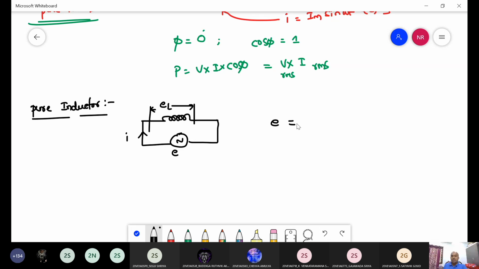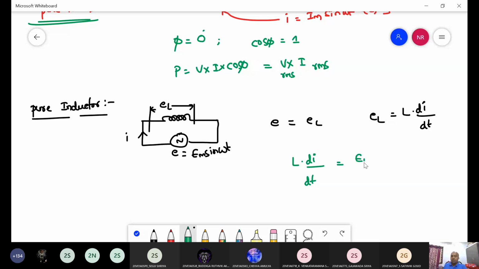Then E should be equal to EL. Then according to that, E is equal to Em sin omega t, right? Then EL is the voltage across the inductor, that is L into di by dt. If both are equal, then L into di by dt is equal to Em sin omega t, right?